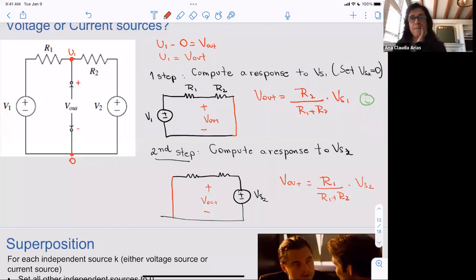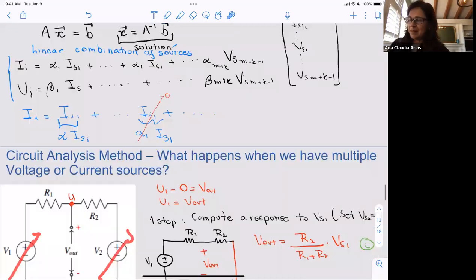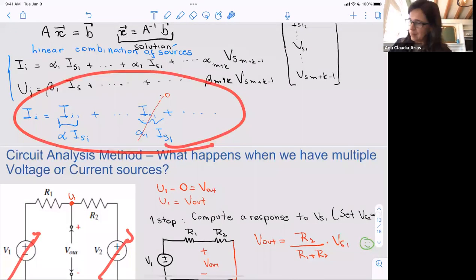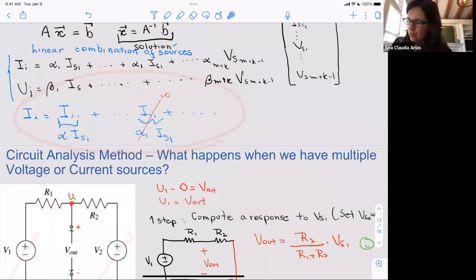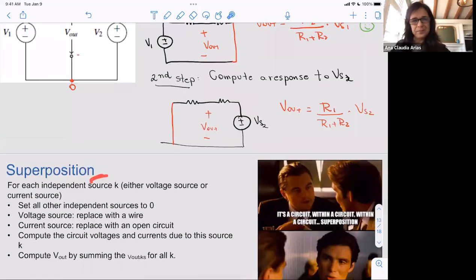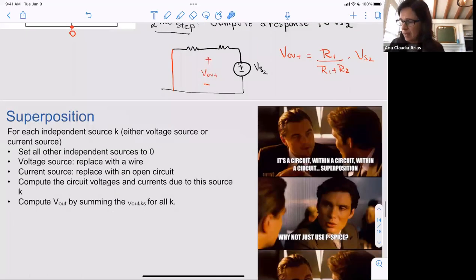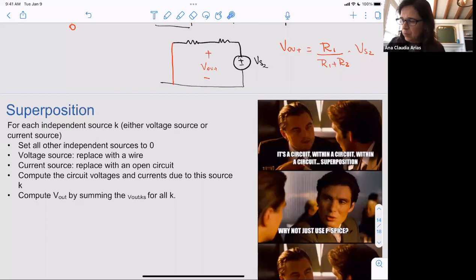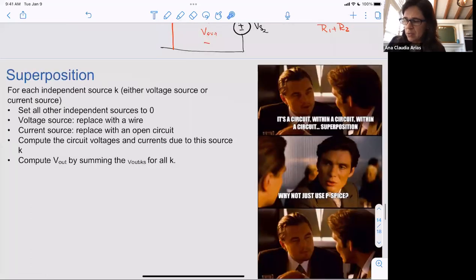So this methodology of breaking things like this and zeroing a source with these mathematical tools that you learned before is what we call superposition. Superposition means that you can break the parts of the circuit and follow these steps.